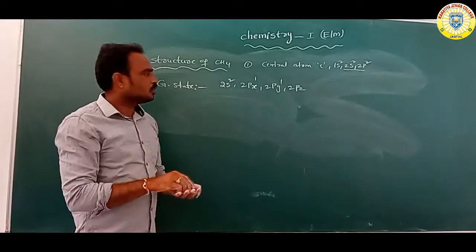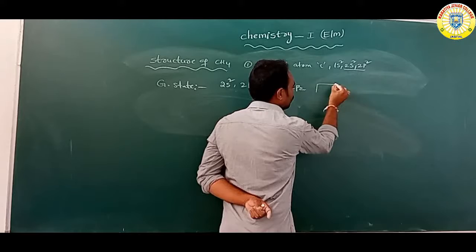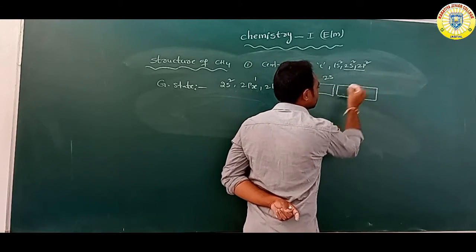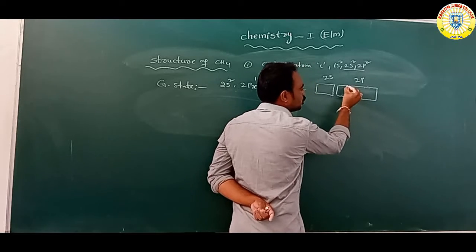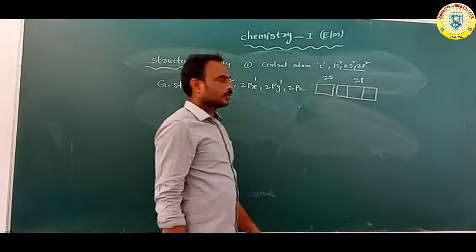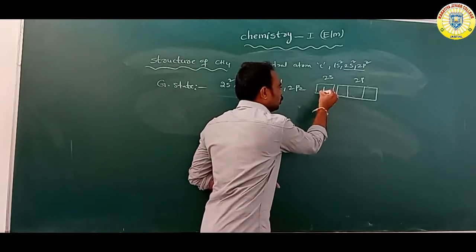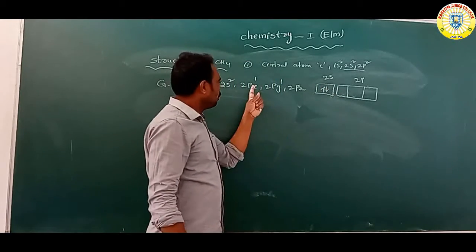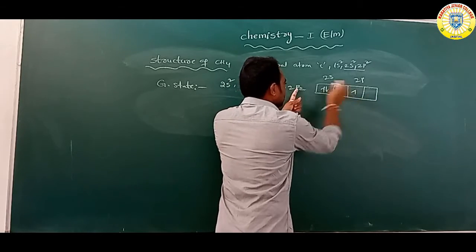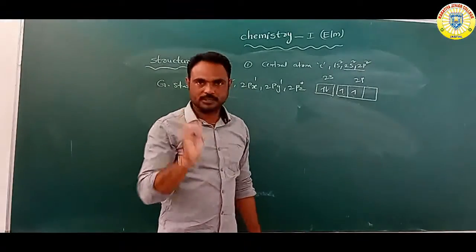The 2s orbital contains how many electrons? 2 electrons. The 2p orbital has 2px1, 2py1, 2pz0. So it is called the ground state.